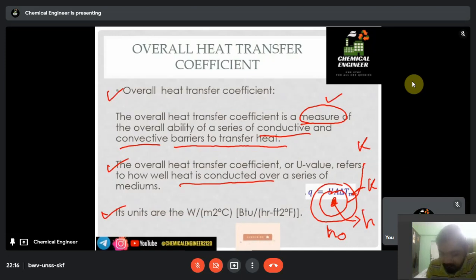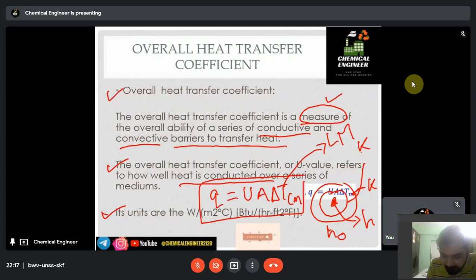So heat transfer is given as Q equal to U A delta T Lm, where delta T Lm is the logarithmic mean temperature difference, LMTD, which we will study in the next video.